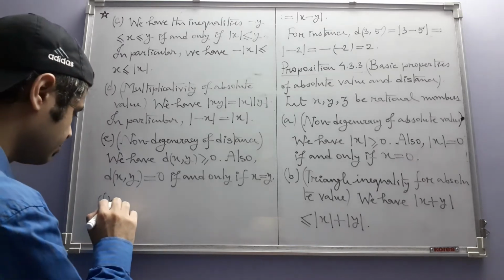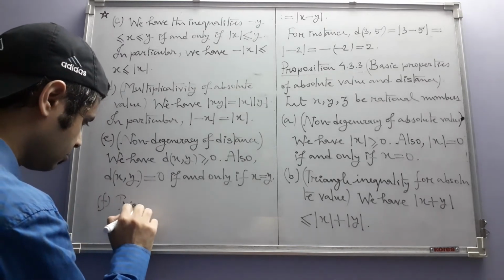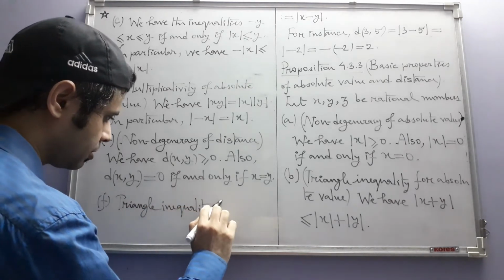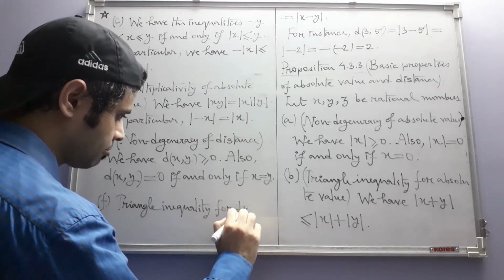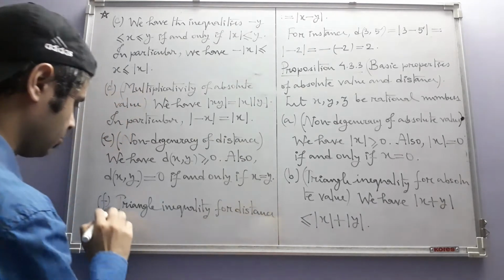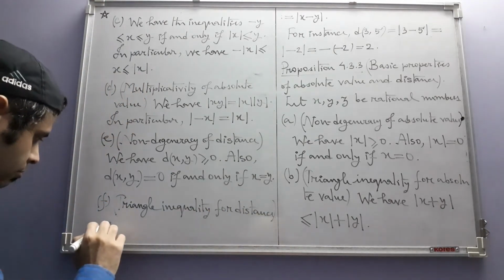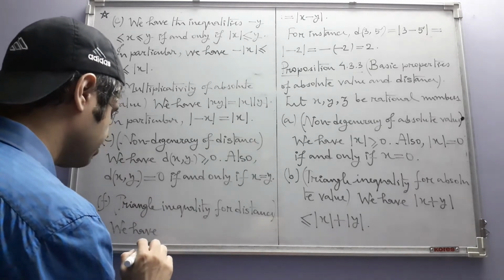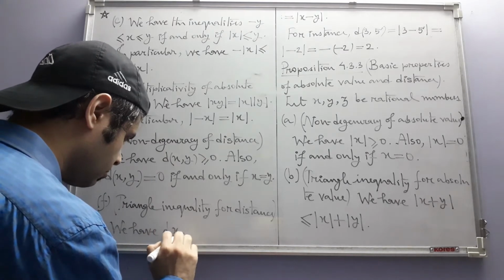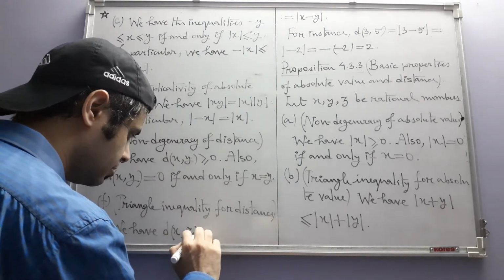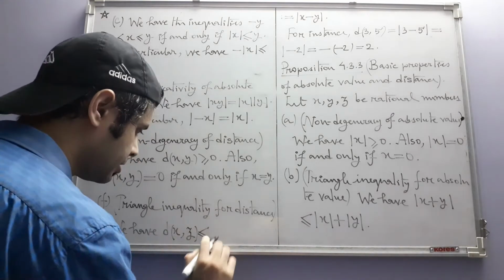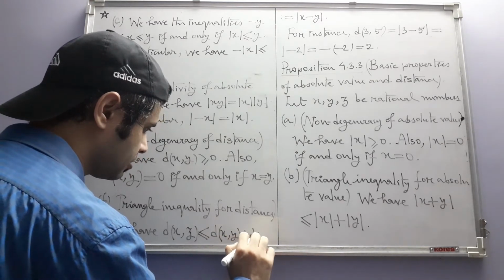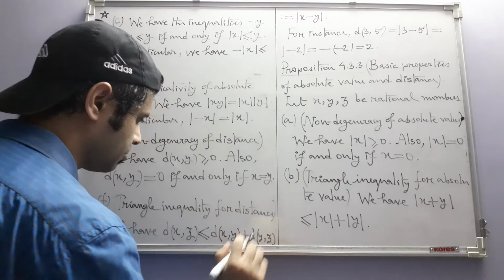Finally, part F, there is a triangle inequality for distance also. We have d of x comma z is less than or equal to d of x comma y plus d of y comma z.